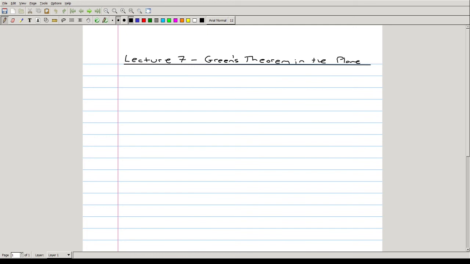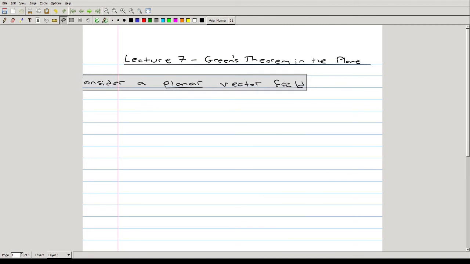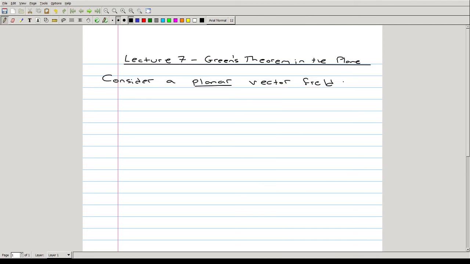We are going to start by saying we're going to consider what's called a planar vector field, which we've talked about before, where F can be expressed as, because it's planar, it's two coordinates, P of x, y and Q of x, y.